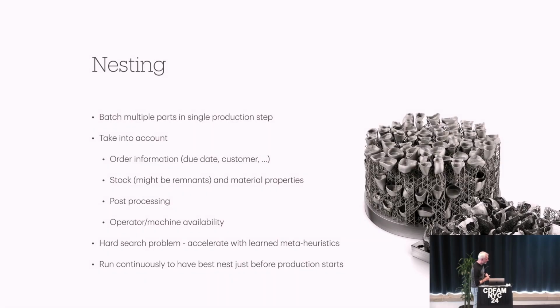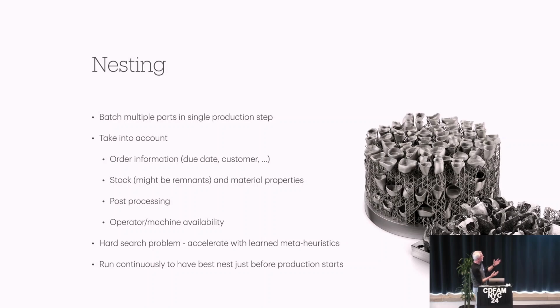Then lastly, especially in 3D printing, nesting is really quite important. We all want to try to put as many parts on our builds as we can. In reality, it's much more complex. For example, in dental, you want to know: is there even an operator available to clean out the machine?